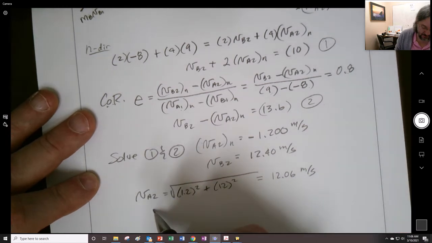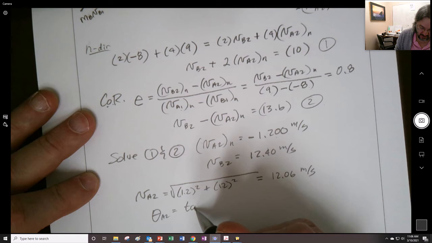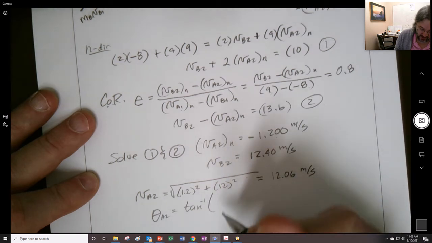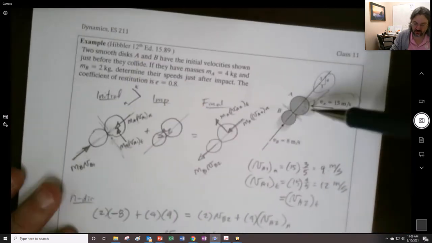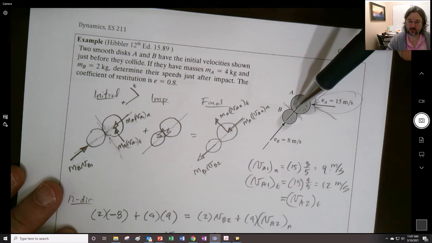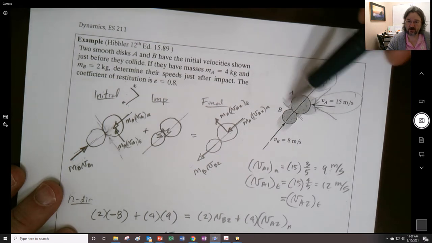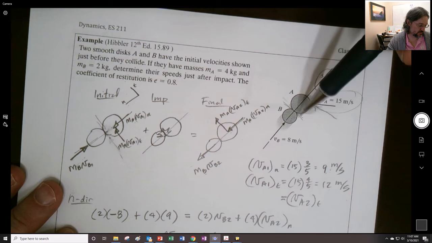For the angle now, here's what we have to be careful with. This is going to be A2 for the thing. We take the inverse tangent, and that's rise over run. In terms of our rise, what we're going to consider rise maybe is going to be this component, the tangential component. Was I correct there?